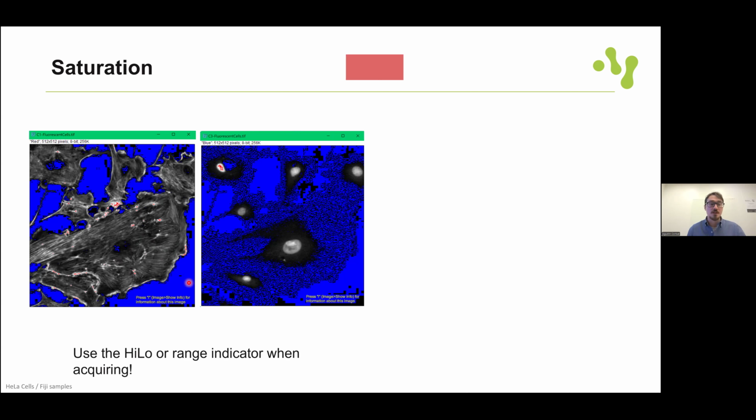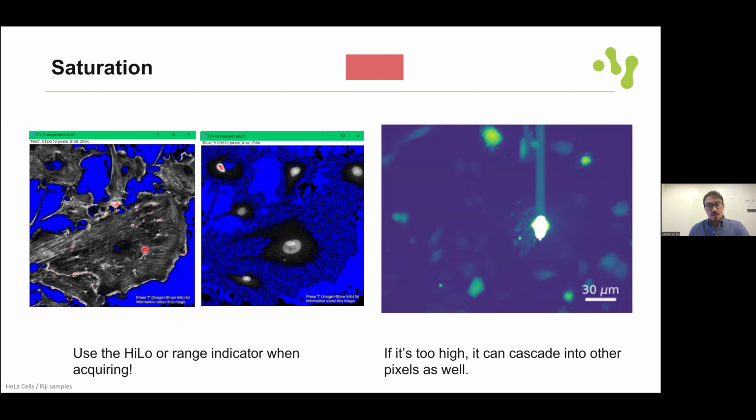You should be seeing a couple of pixels, very, very dim, and try to avoid the saturation, especially on your objects of interest or your regions of interest. And remember that if this saturation is extremely high, it can also cascade into other pixels. This happens in camera-based systems, and it renders whole rows of pixels completely useless to estimate intensity or do some analysis afterwards.